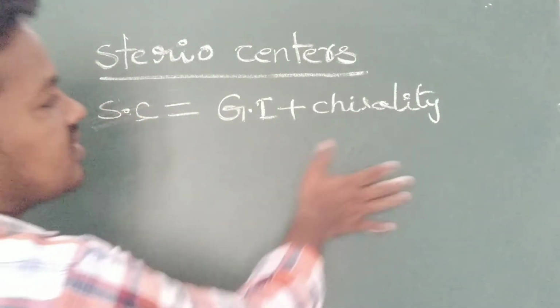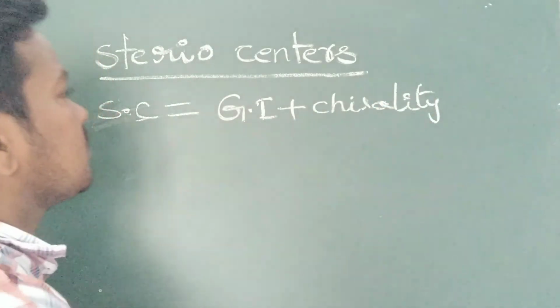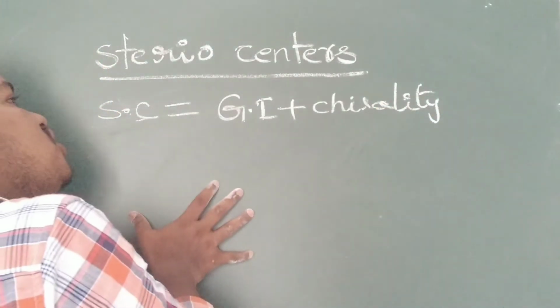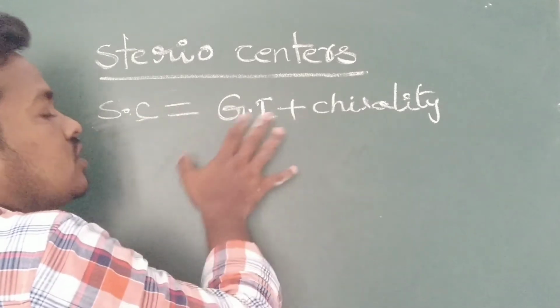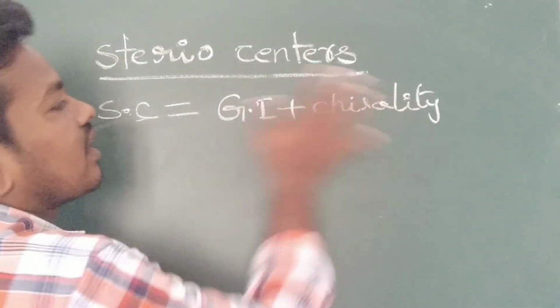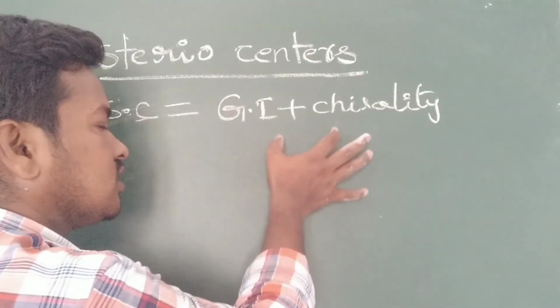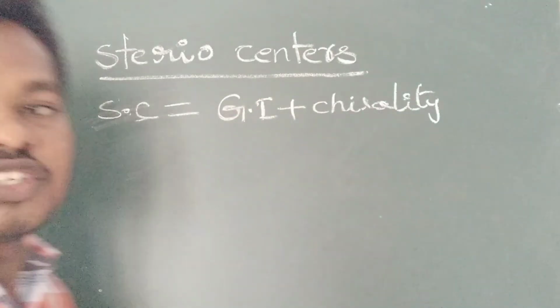Before that we discussed only chiral carbon and chiral nitrogen. But here, stereo center means it includes geometrical isomerism plus chirality, the sum of the two. Geometrical isomerism we already discussed last class.